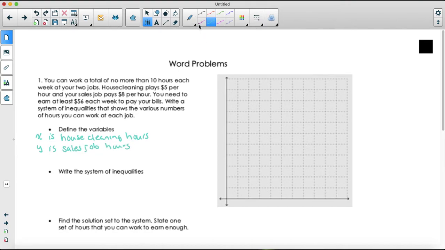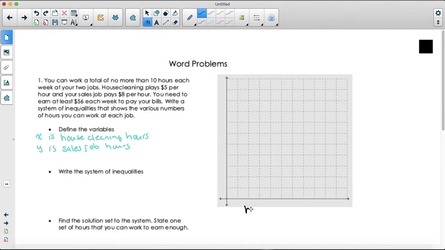So that means that on our coordinate plane, we're only going to use the first quadrant because we cannot have negative hours and we also can't have negative money. So X is our house cleaning hours, so we can't have negative house cleaning hours, and Y is our sales job, so we can't have negative sales job hours.